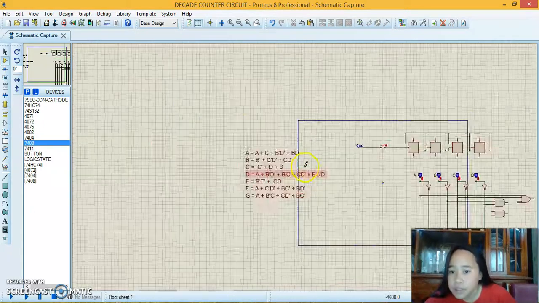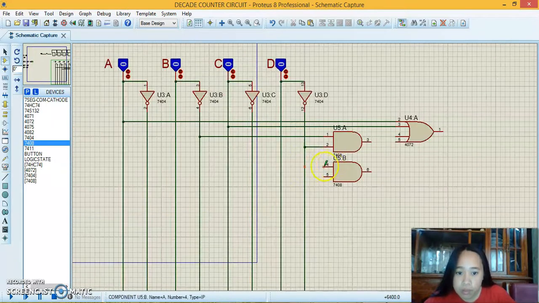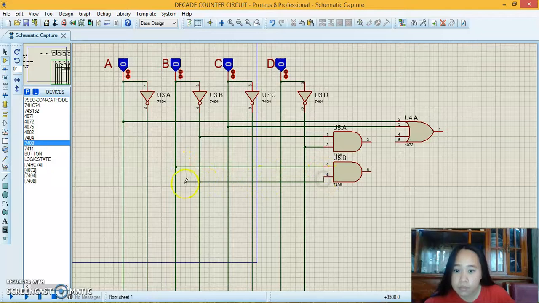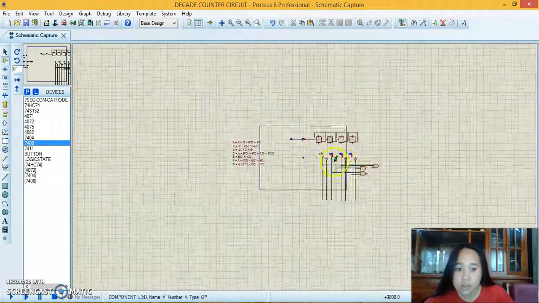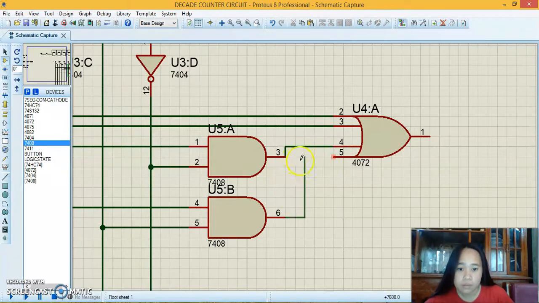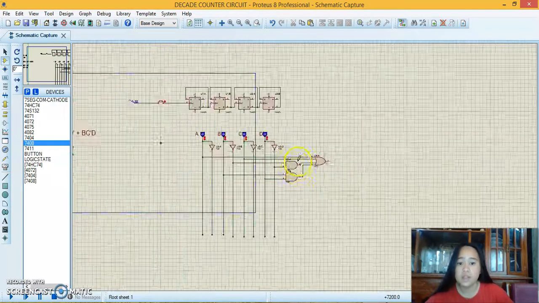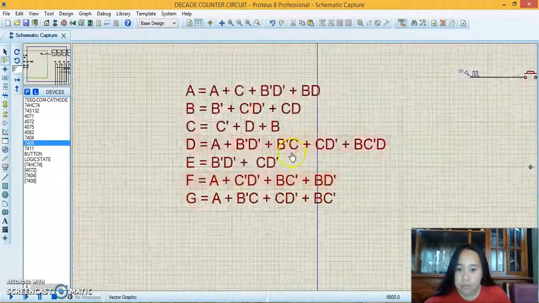Let us proceed for BD, and let us connect this one here.